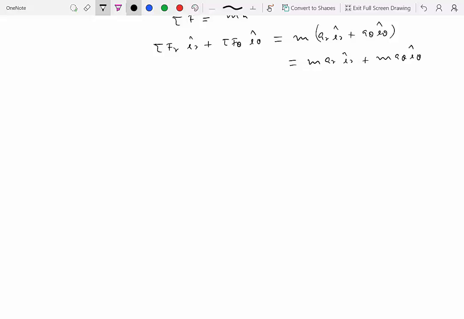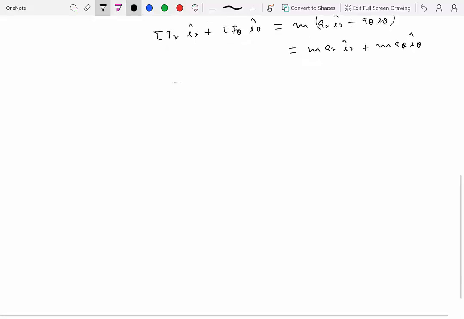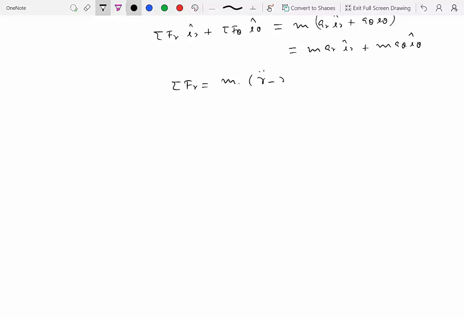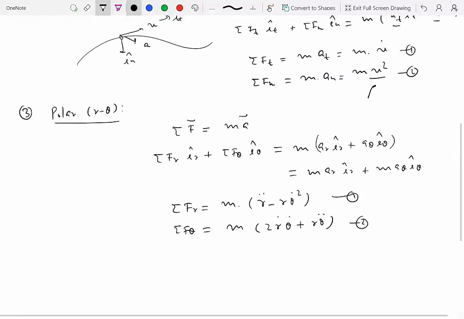So it is a vector equation; let's resolve it along er hat and e theta hat direction, and we get sigma Fr equal to m times acceleration along radial direction, which is r double dot minus r theta dot squared, and along theta direction it is m times 2 r dot theta dot plus r theta double dot. So once again, at most two unknowns can be solved from these two equations.